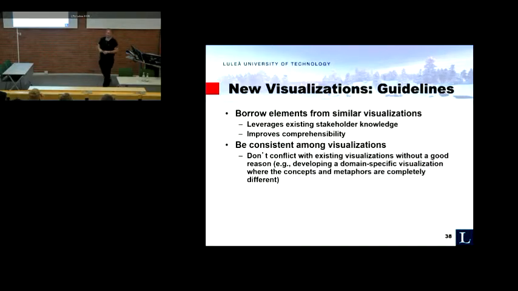You borrow things from other visualizations and make sure that you're consistent. You don't use one symbol here and then use the same symbol for something completely different somewhere else, because that's going to cause confusion. That makes sense, right? It's just simple practice. Just don't mix things up. And that also means you need to know what symbols mean, because otherwise you're going to misinterpret things.